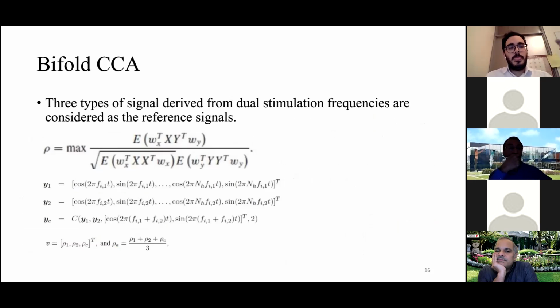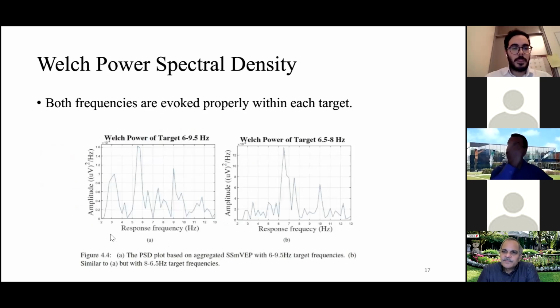Based on these 3 reference signals, we can compute 3 correlation coefficients. And once we have these 3 correlation coefficients, we can average them to come up with the final correlation coefficient, which can be used for classifying the targets.